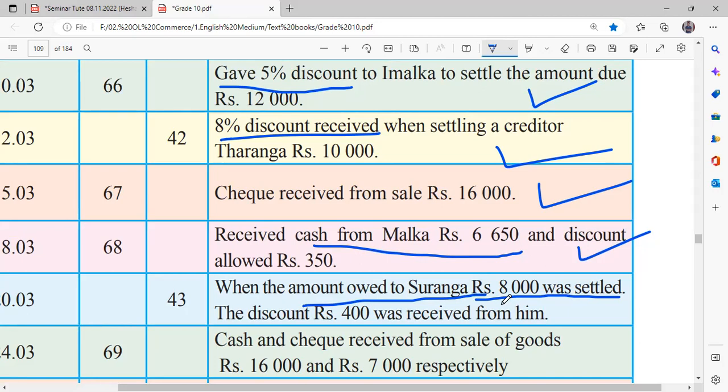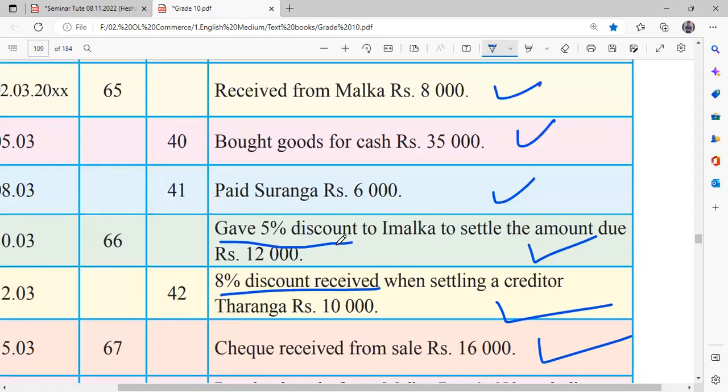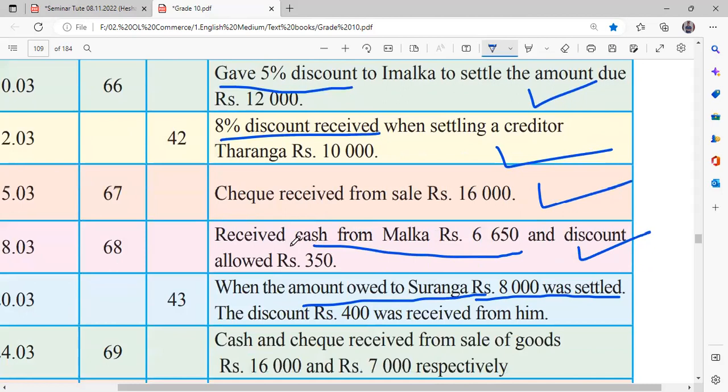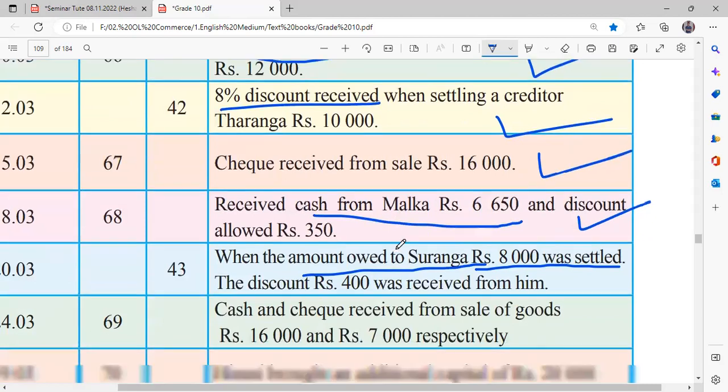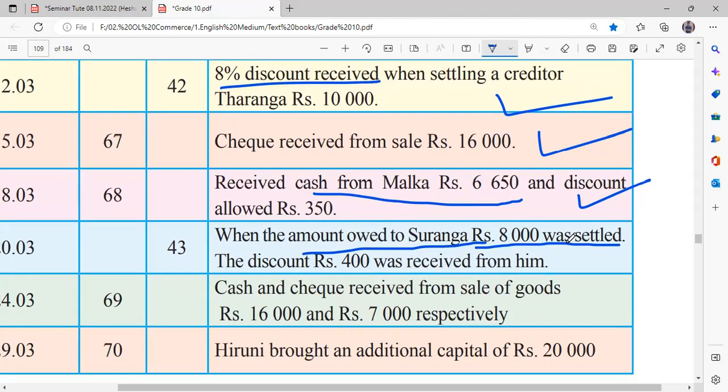So understand, when the amount owed to Suranga, it is not like we paid cash to Suranga 8,000 and received 400. No. When the amount owed to Suranga 8,000 was settled, the discount rupees 400 was received.